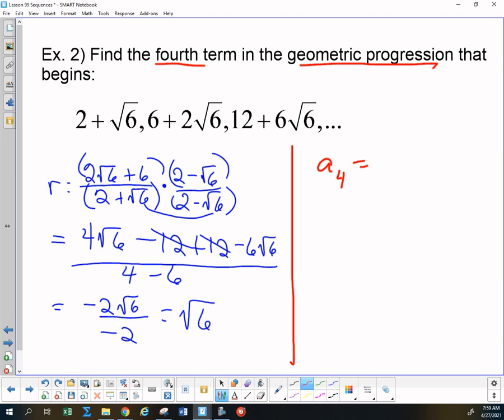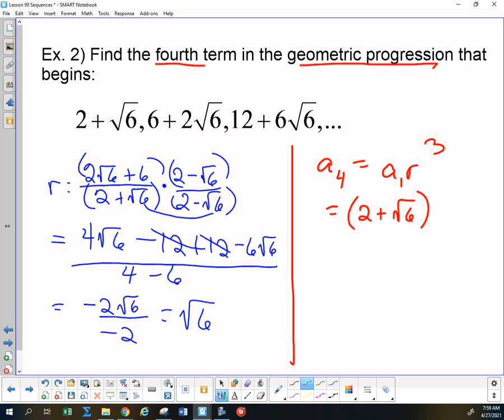Isaac, what's my 4th term formula? And it's geometric. Remember what we need to do? a1 what? r cubed. So we write down a1 is 2 plus root 6.